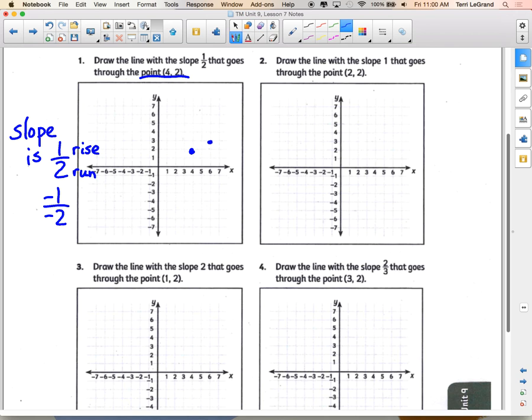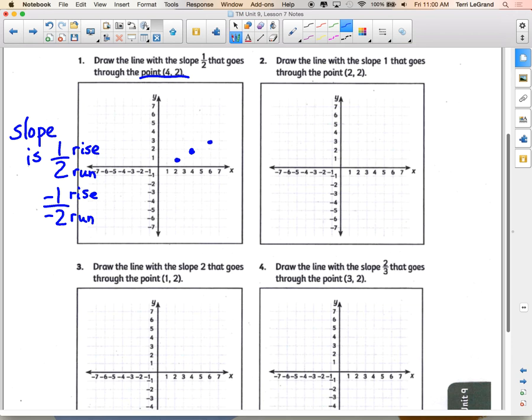So let's try this, because if we can use this rise and run, these 3 points should line up on a line for us. So we would go down 1, so this is still a rise, even though we're going down, we're falling. And this is still a run. So let's go down 1 and over 2.